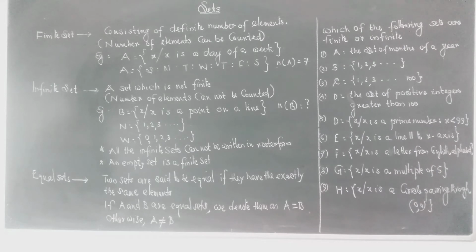So that becomes 1, 2, 3, 4, etc. It shows that the elements are not getting ended. The last element, the final element, we are not able to say what it could be. That's why that set becomes now an infinite set.